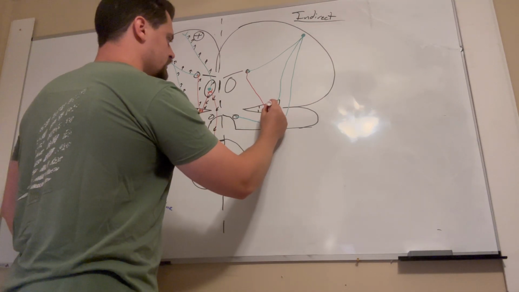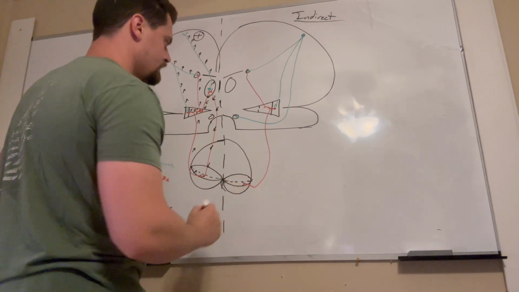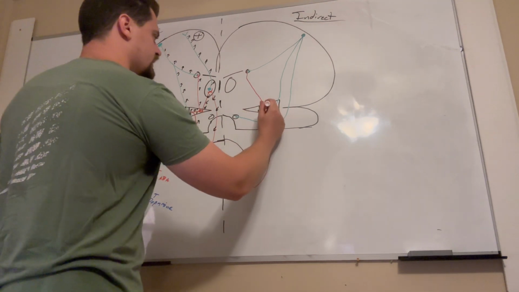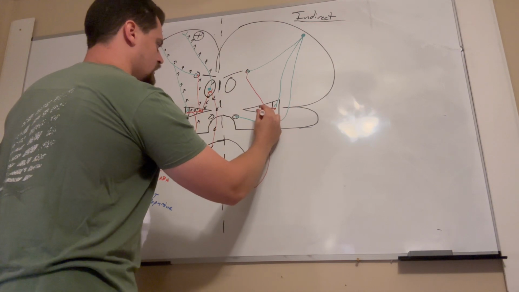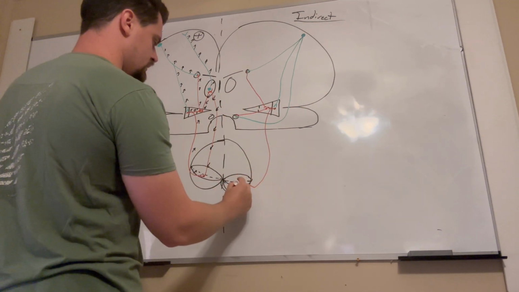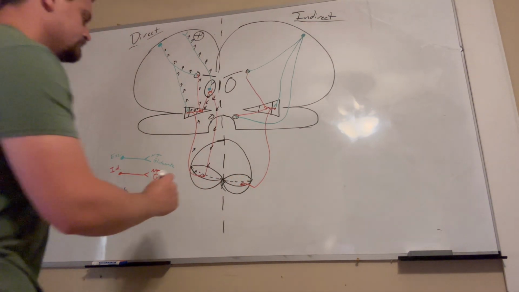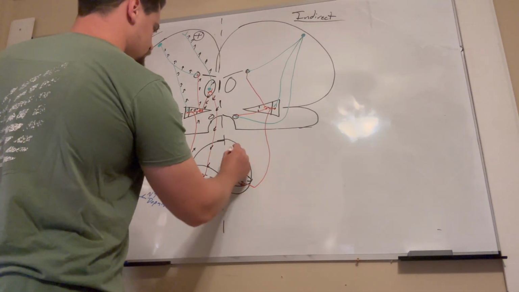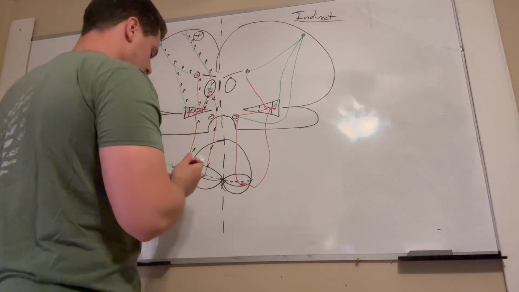It's also going to send a message to the pars reticulata. And then those things are going to send a message of inhibition to the subthalamic nuclei.